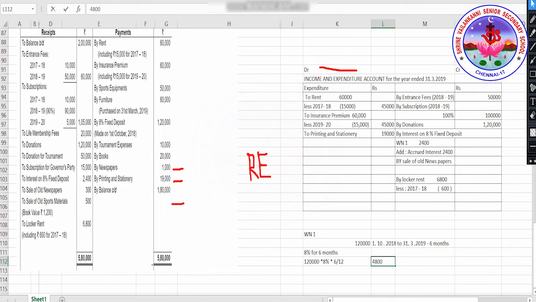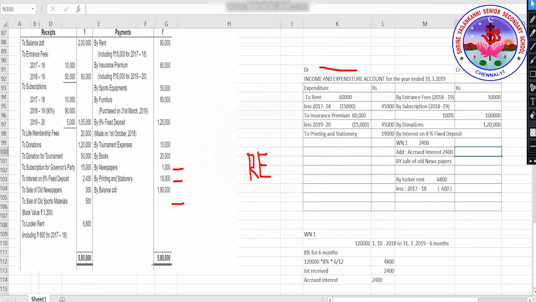Now how much is given in the question? Only 2,400. So the interest received is only 2,400, which means accrued interest is 2,400.